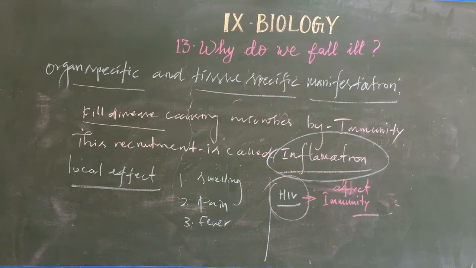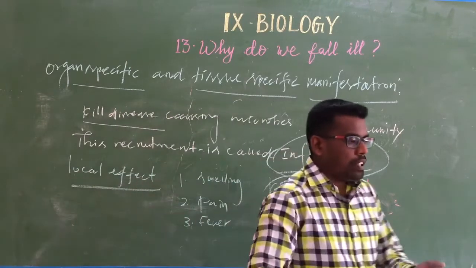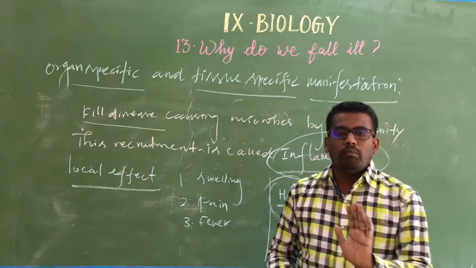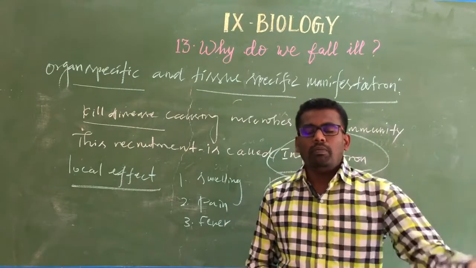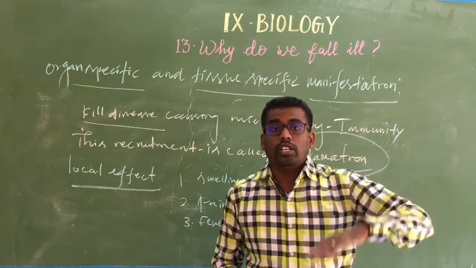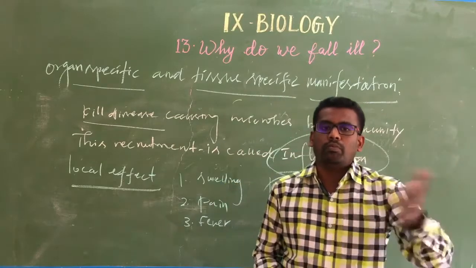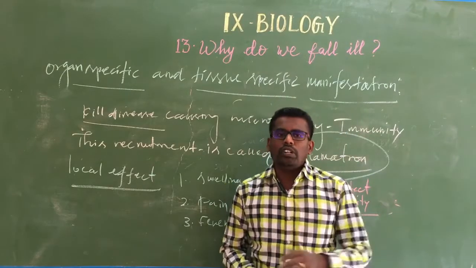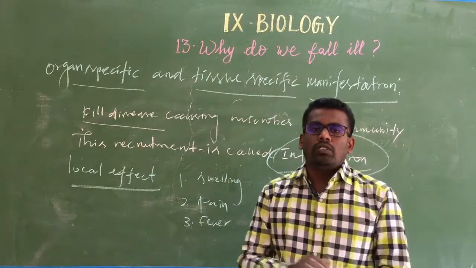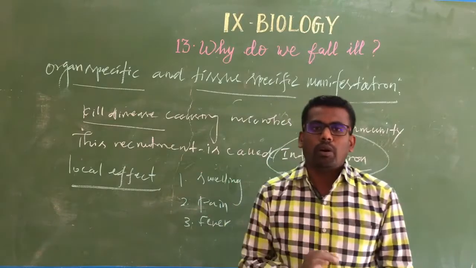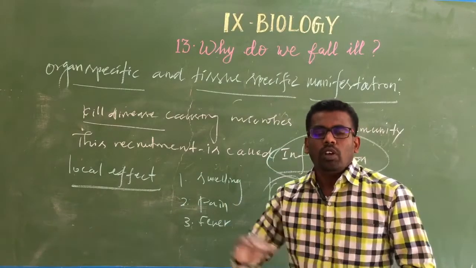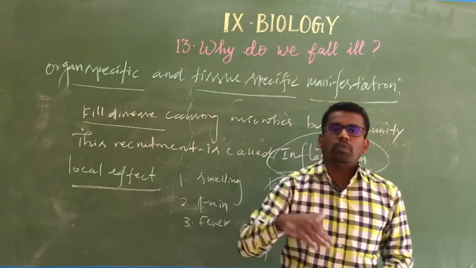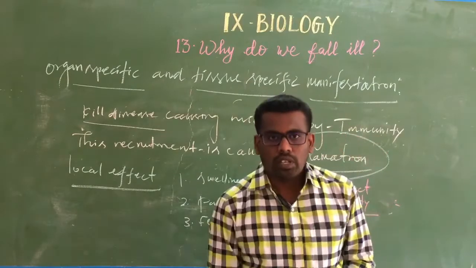Okay, and severity. Some diseases cause mild symptoms, while some advance and cause severe issues. How is it? Some diseases give fewer problems and effects, and some diseases give very severe effects.